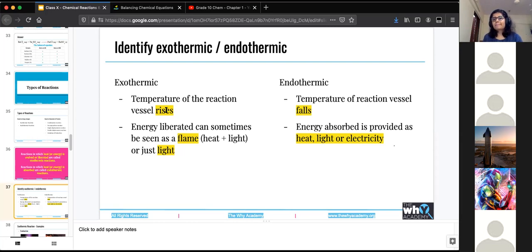Nikki asks, these conditions we have to see while doing the experiment, right? We can't determine an exothermic or endothermic reaction by just the equation. Not from the equation. So these are the conditions you need to look out for. In real life, stick a thermometer in there, and if the temperature rises, then it's exothermic. If you see a flame, with both heat and light or just light, that's also exothermic, because these are all forms of energy.